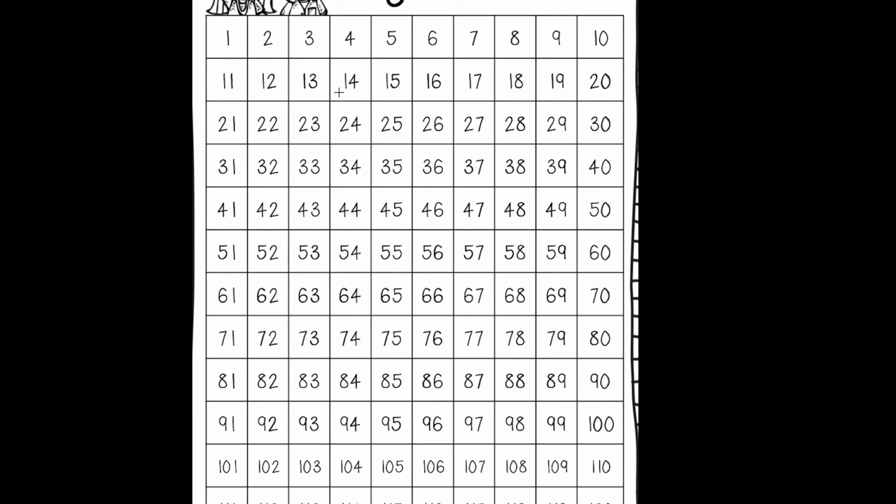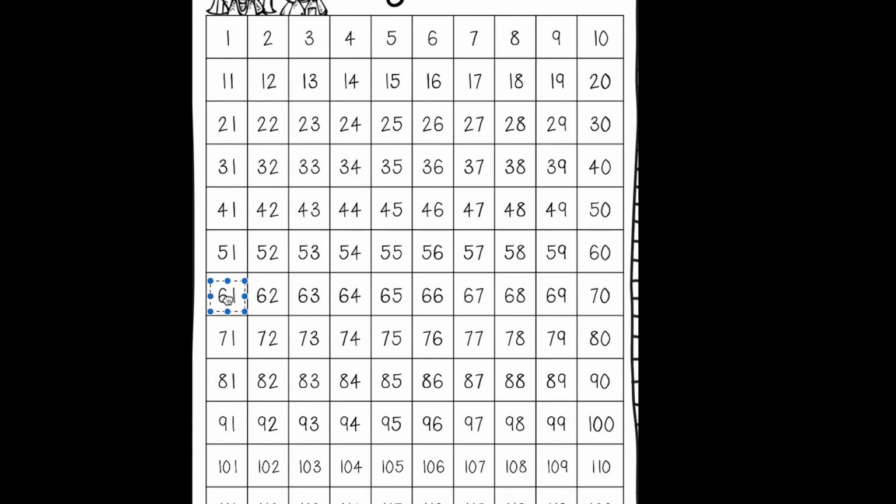Okay, so if we have, just like on that page, 61 pieces, and this is only if you have your 100 chart with you, okay? So if we have 61 pieces and you're counting on 2 more sets of 10, well, when we add on, we move down a whole row.